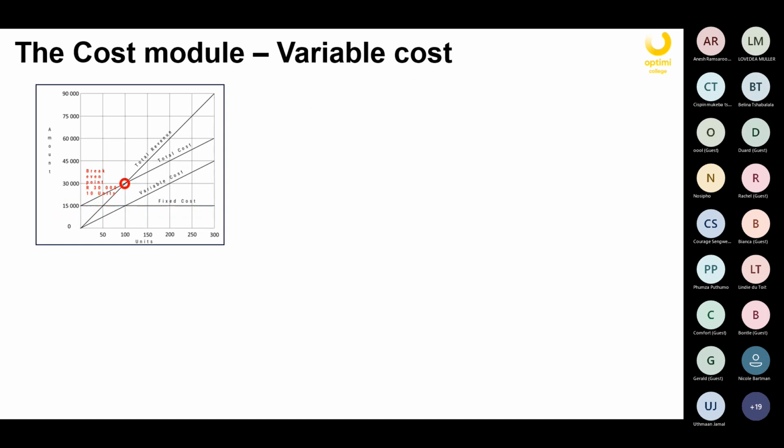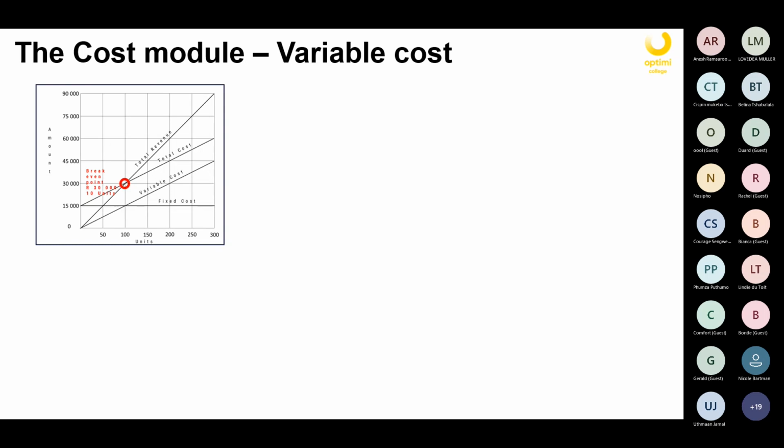The next one, which is not too difficult, is the variable cost. Now, for the variable cost, they will give you the name of the lines, but basically what variable cost means is the cost is dependent on the number of units being produced. So if we produce 0 units, then the cost will be 0.